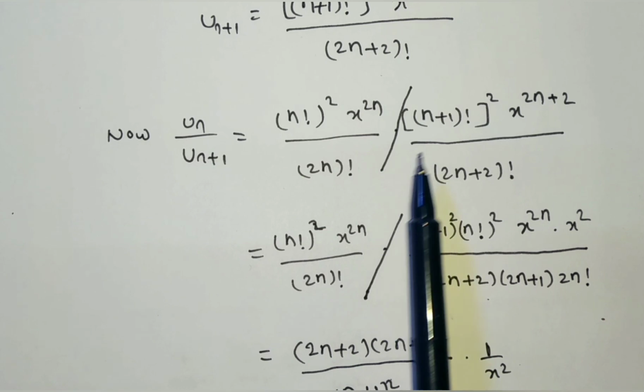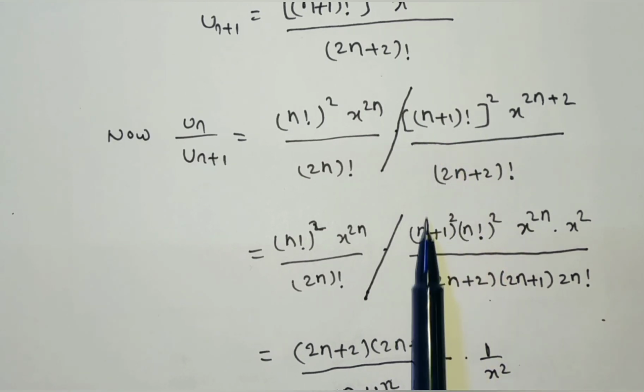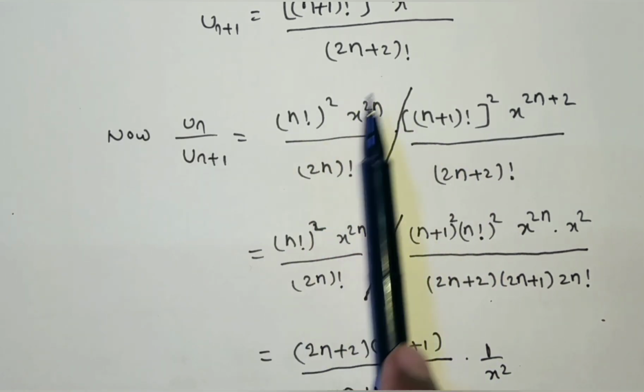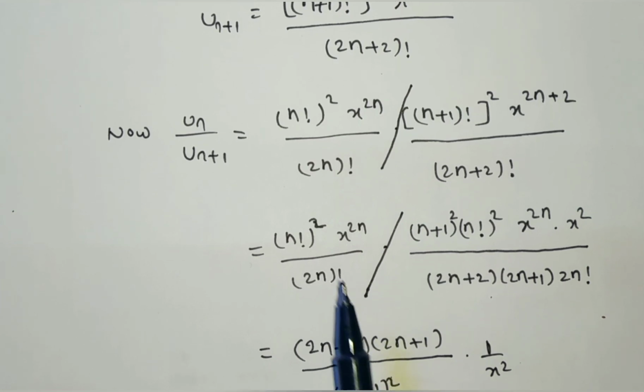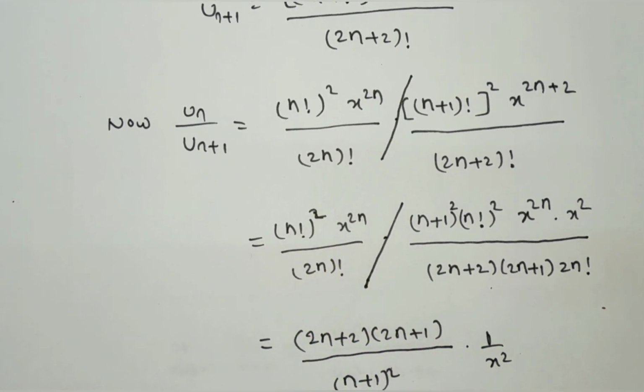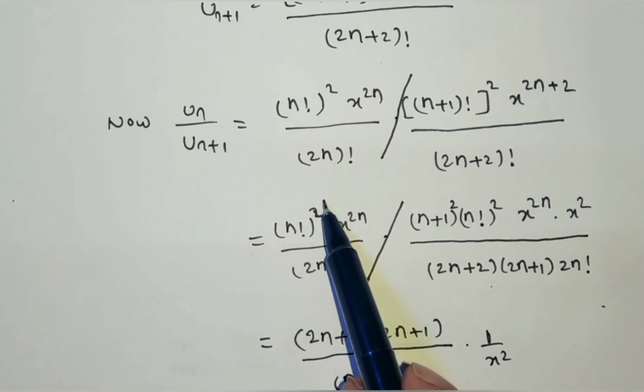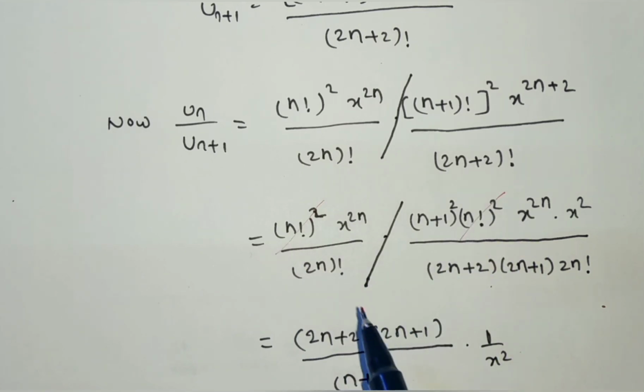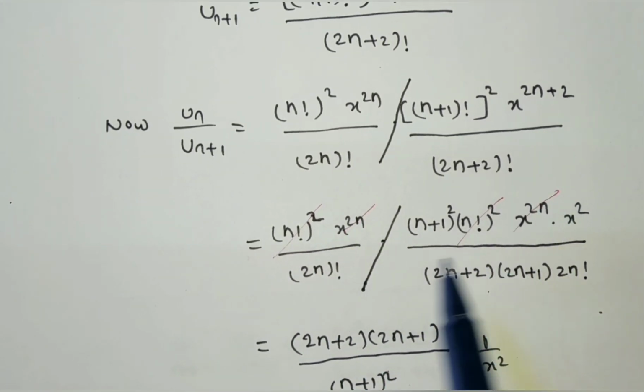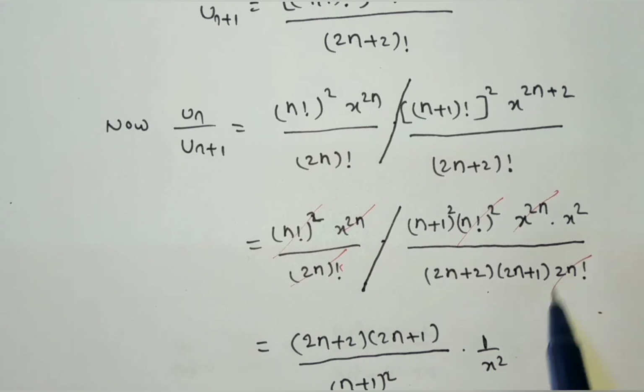What purpose are we doing it like this? You understood, no? To eliminate common terms. Now n factorial whole square cancels, x power 2n cancels, 2n factorial cancels.